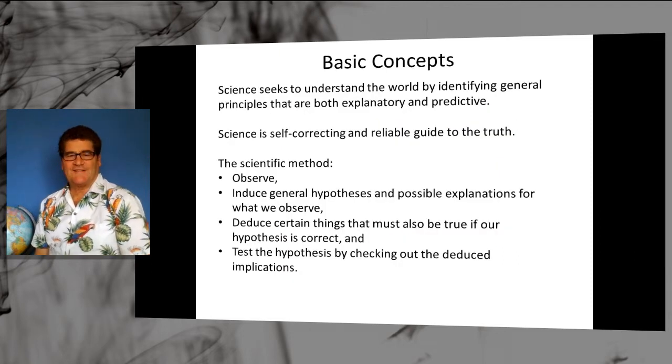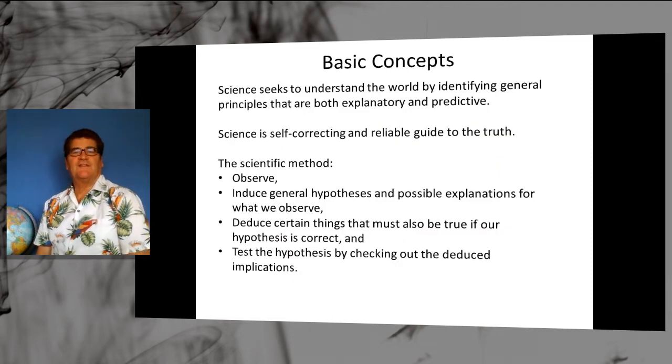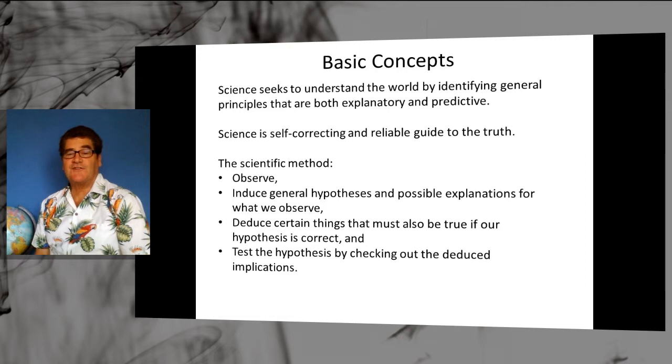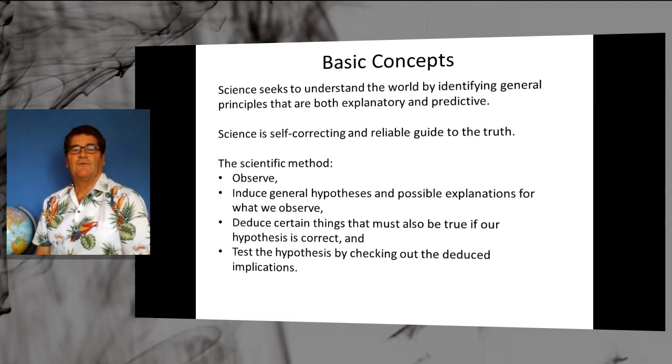So the basic concepts in Chapter 6 were that science seeks to understand the world by identifying general principles that are both explanatory and predictive. Science is self-correcting and a reliable guide to the truth. We now know that the scientific method, however it's described, clearly relies on careful observations.